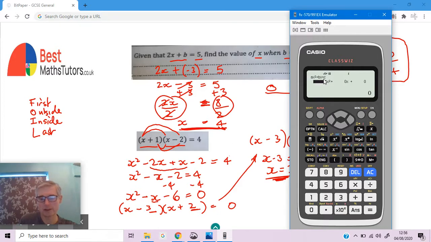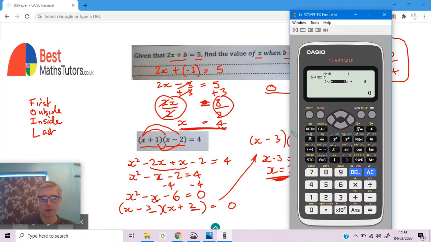And now what it's asking us to do is to enter the values of A, B, and C. And these are the numbers which are multiplying the x squared, the x, and the final number in the equation. So if we find A there, well, A is going to be just 1 because there's no number in front of the x squared. So that's actually saying it's a 1. So we can type in 1, and then we press equals, and then it moves on to the next one.